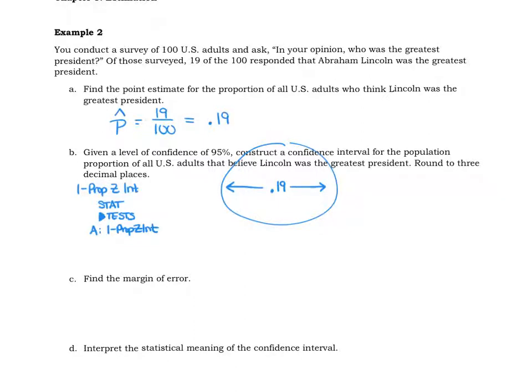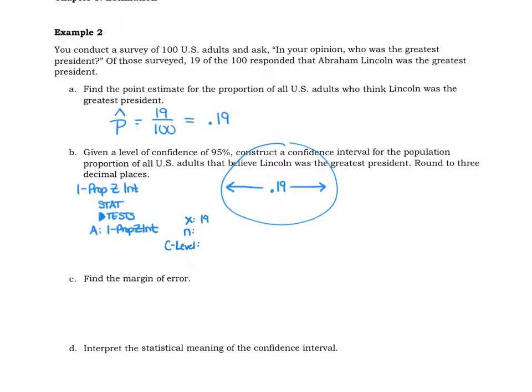Then go ahead and hit enter, and you should see the following things come up on your screen. You should see X, N, then a C level, and then calculate. X is how many of those surveyed responded that they thought Lincoln was the greatest, so your X is your 19.